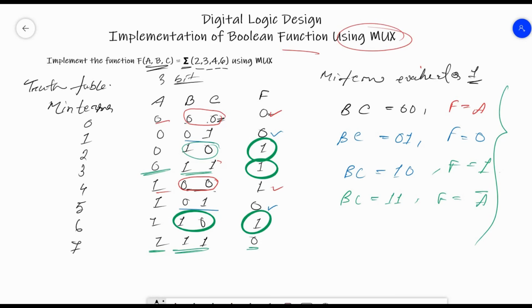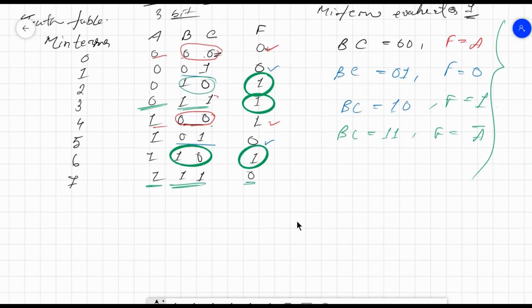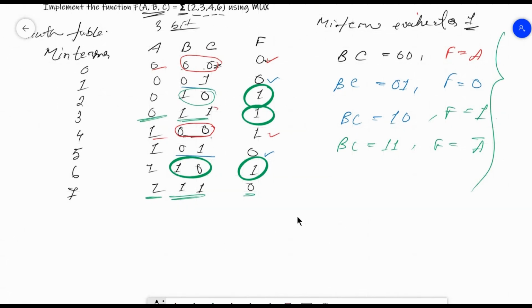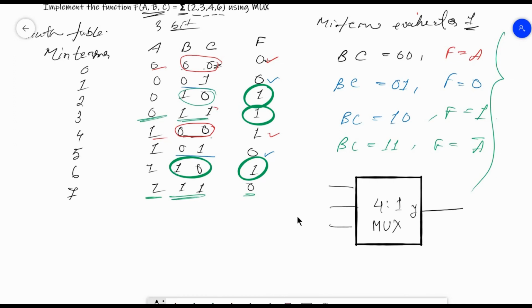So let me move down a bit. We have 4 inputs here, so we'll need a 4:1 multiplexer. It will have a single output Y and 4 input lines along with 2 selector lines.